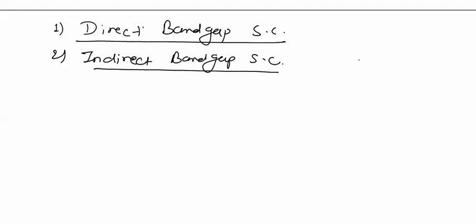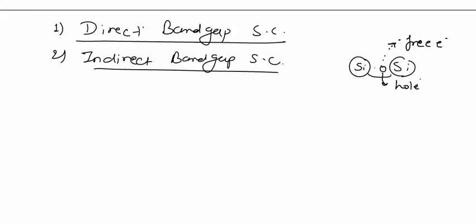See, when a covalent bond is broken, an electron moves from here and becomes a free electron, and this is the generation of an electron and hole pair. Out of these, this electron lies in the conduction band and this hole lies in the valence band.